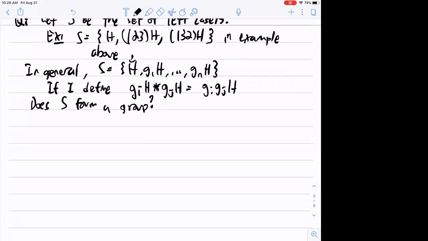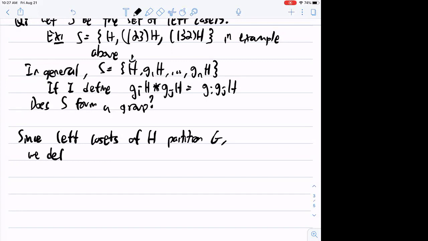But okay, since left cosets partition G, left cosets of H partition G, right? We can define the index [G:H] to be the number of left cosets.